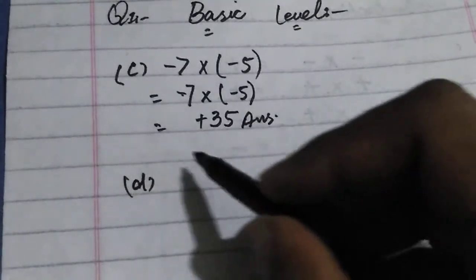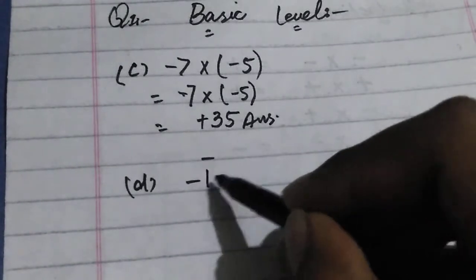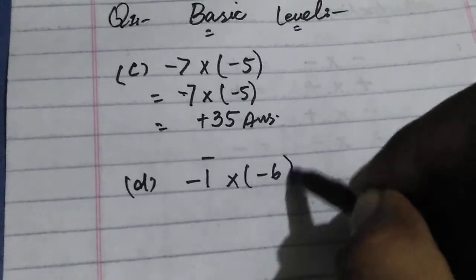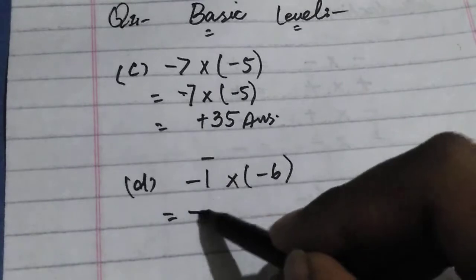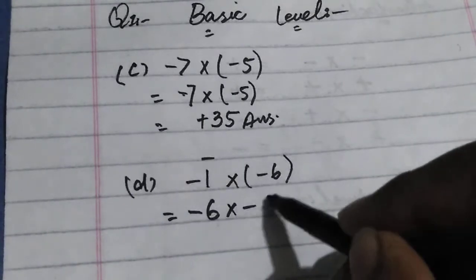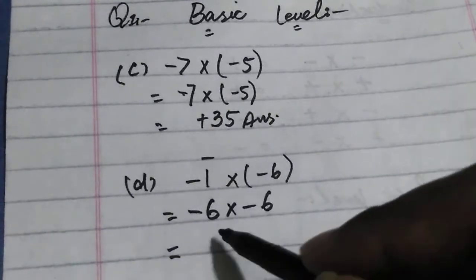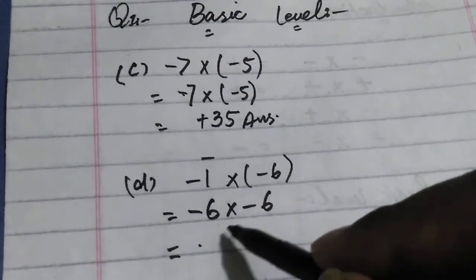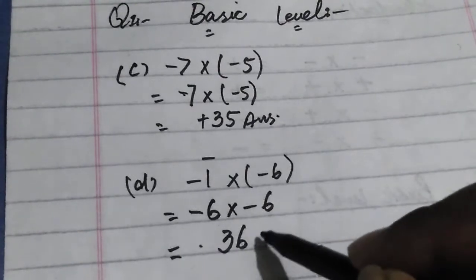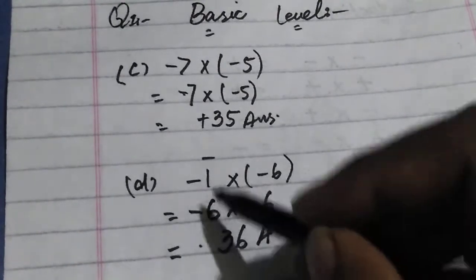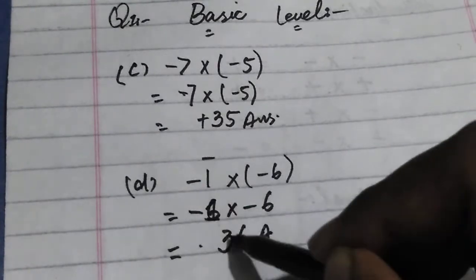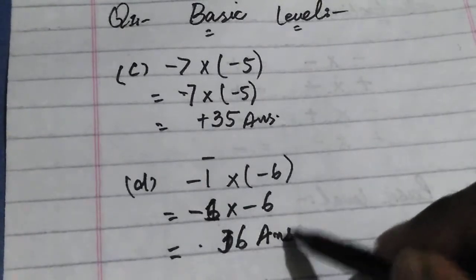Now come to the D part. Minus 1 multiplied by minus 6. Minus minus is again plus. Sorry, here it is 1, and the answer will be 6.